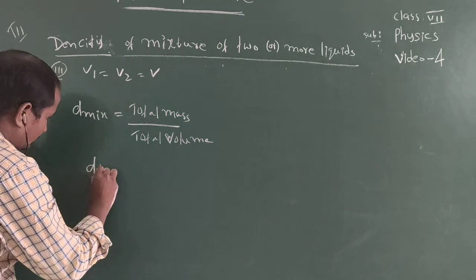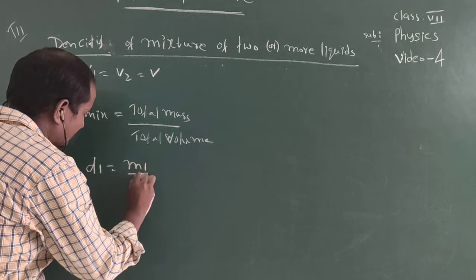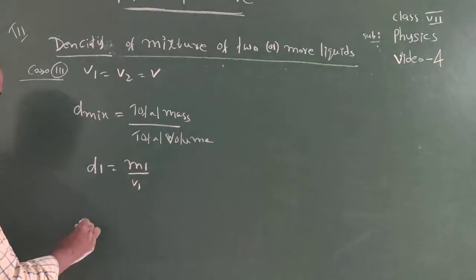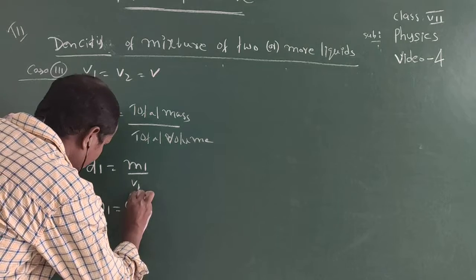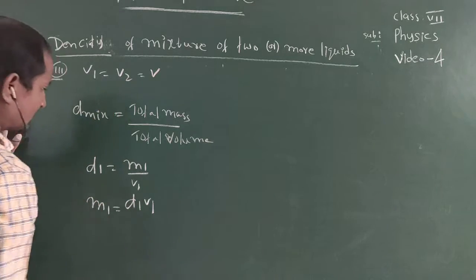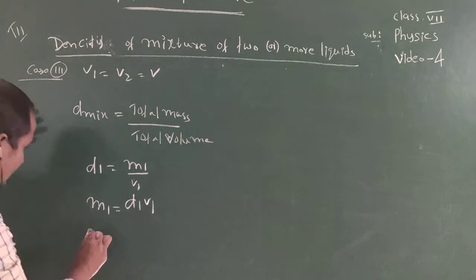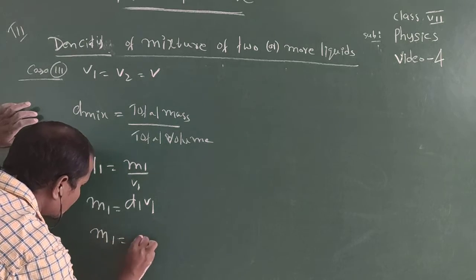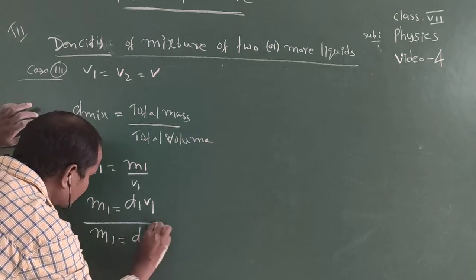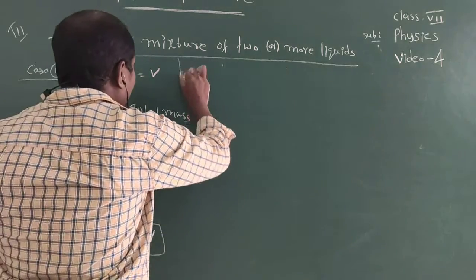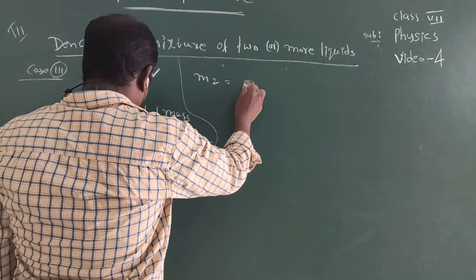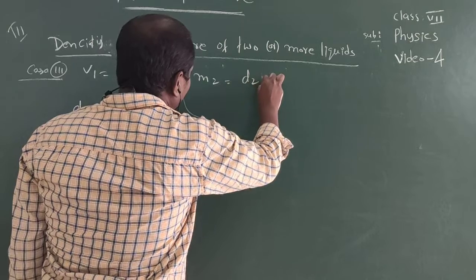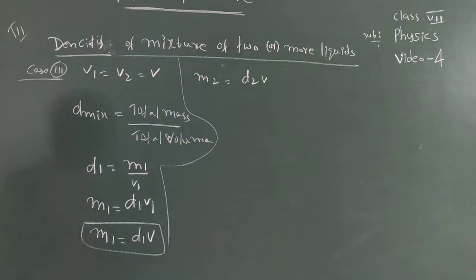So here d1 equal to m1 by v1. From this we can write m1 equal to d1 into v1. Here v1 equal to v. Therefore m1 equal to d1 into v. Similarly, m2 equal to d2 into v.